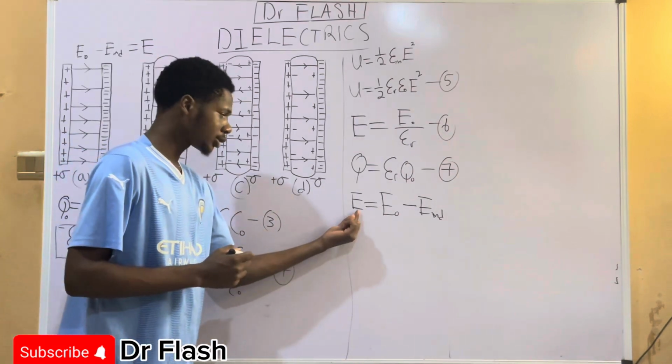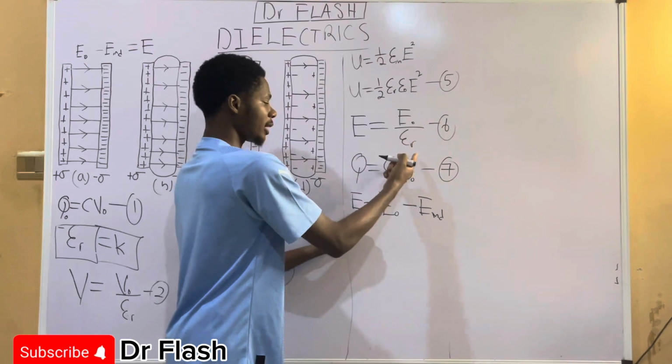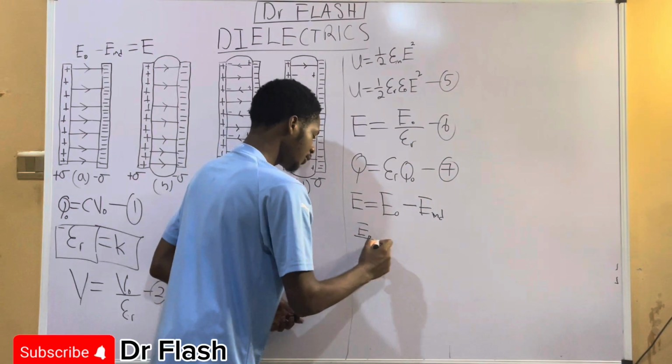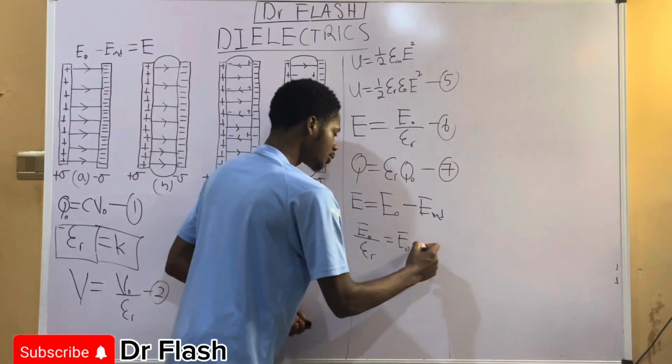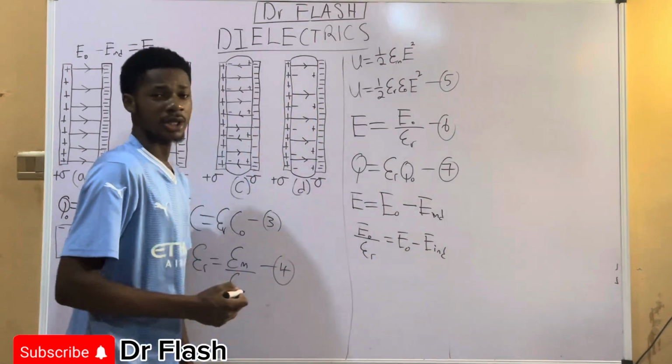Now, if you recall, we already talked about E. We said that E is equal to E naught divided by epsilon R. So I'm going to replace it with E naught divided by epsilon R, and this is equal to E naught minus E induced. Now, I can choose to make the induced electric field the subject.